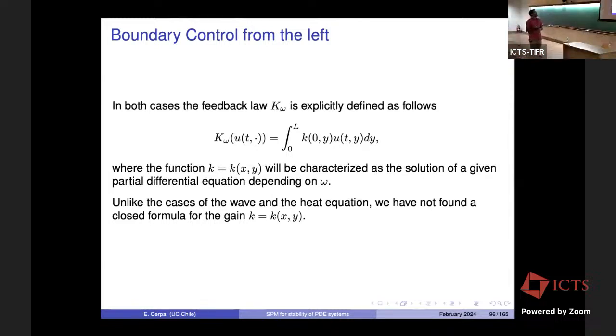K of U is going to be given by the integral between 0 and L of a kernel function K times the solution U. So here we get what is called a full state feedback, okay? In order to compute what control you are applying at time t, you need to know the solution in the whole domain at that particular time t. So that's called a full state feedback.